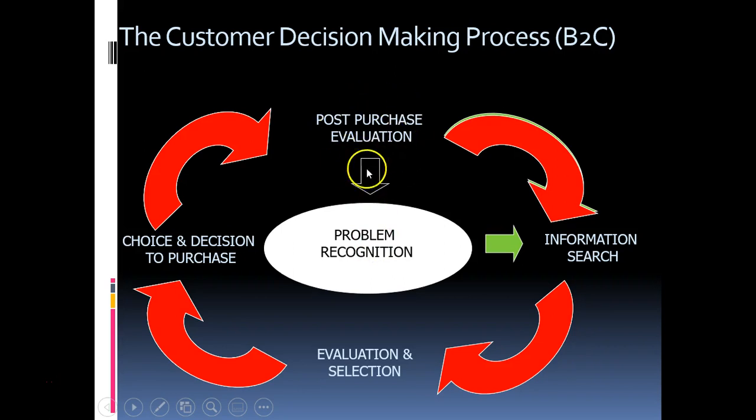So this stage is really important, and here companies might advertise and communicate on the basis of, sometimes it's just about reinforcing the purchase that consumers have made, so that they feel they've made the right decision, so that the next time they return to that same brand.